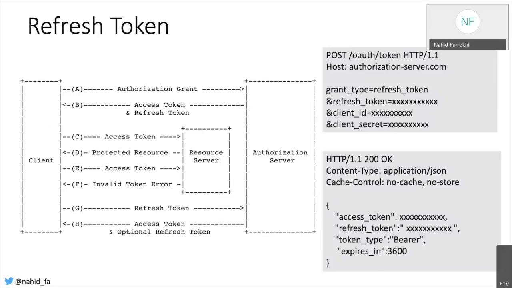So when we get a token, there would be a refresh token in the access token response, and we can exchange that in the first call on the right, as you see. So the client can exchange that for a token, right? On the bottom, under the call, you see the response, right?